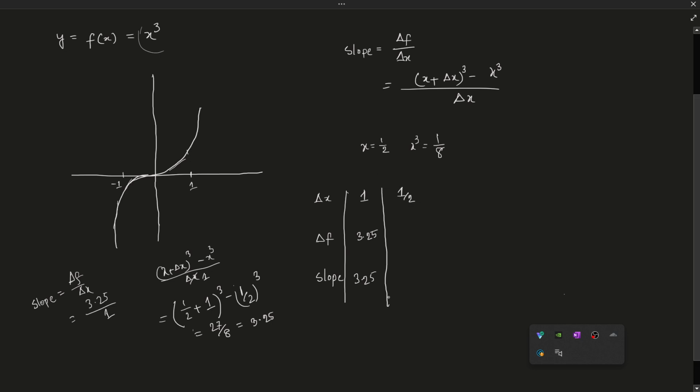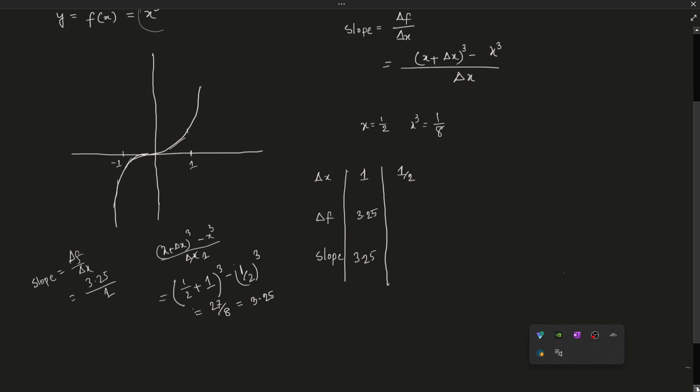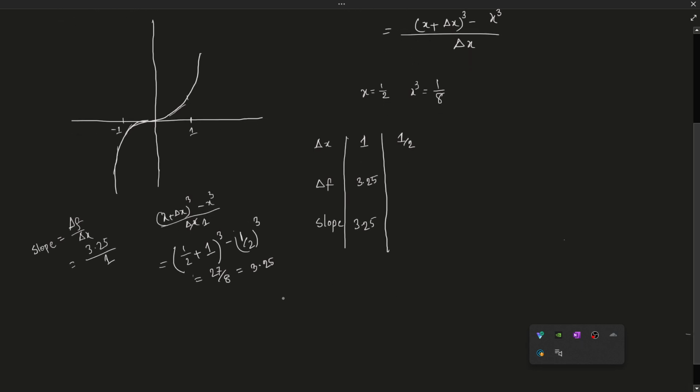Let's calculate the formula. It will be x plus del x whole cube minus x cube.